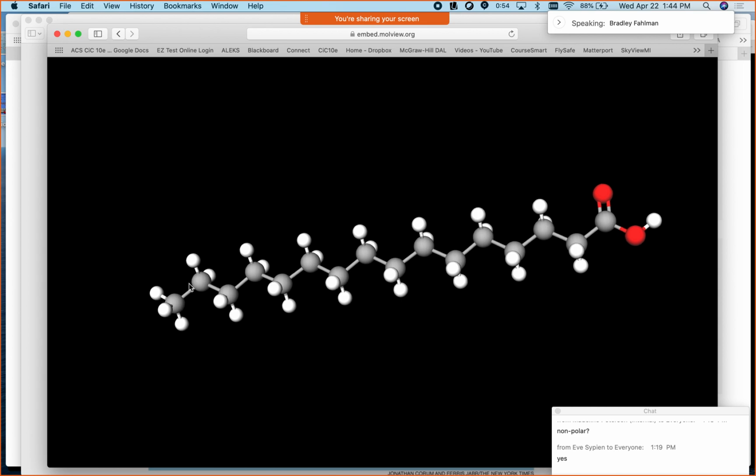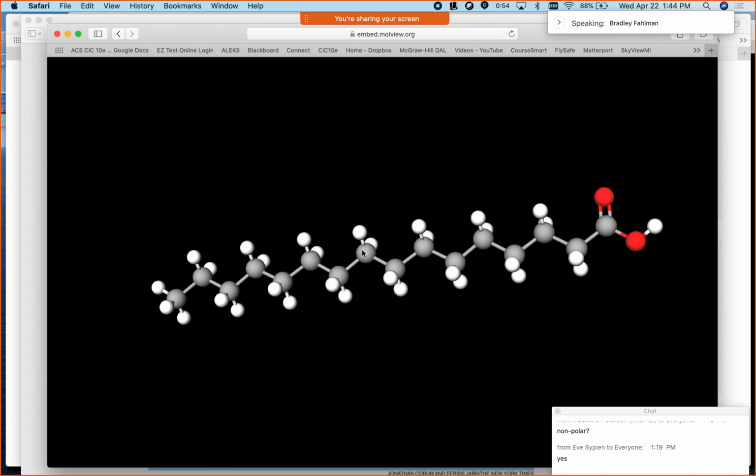You'll have part of the molecule that is just carbon with either carbons or hydrogens bonded to it. Each of these carbons is tetrahedral, bonded to two things on one side and two different things on the other side. So these are really nonpolar. This whole backbone is nonpolar.